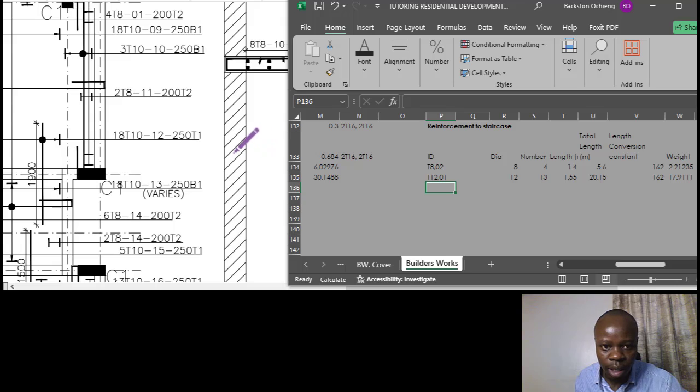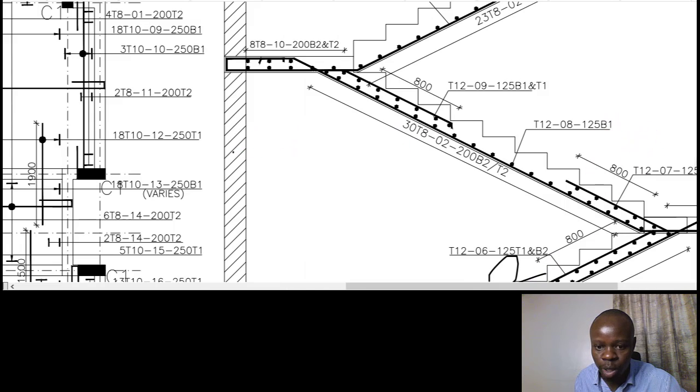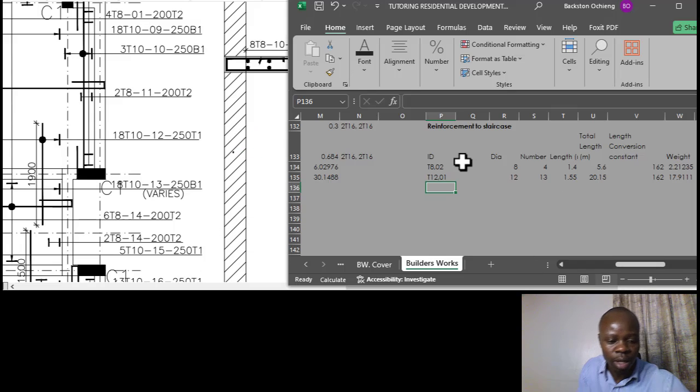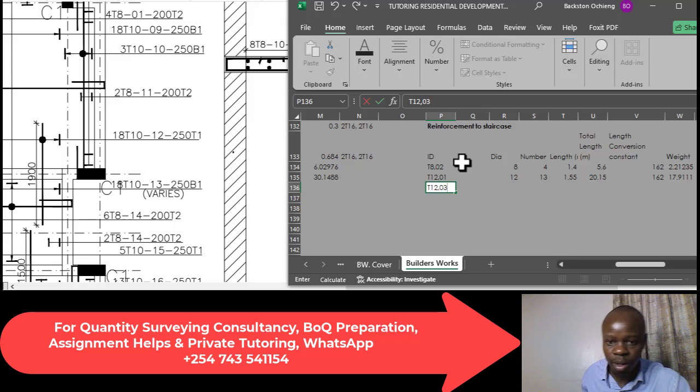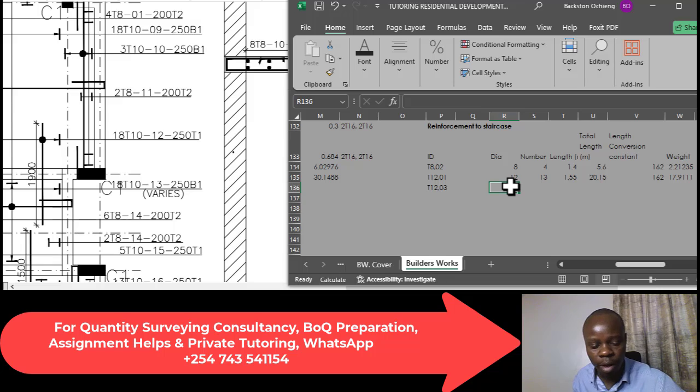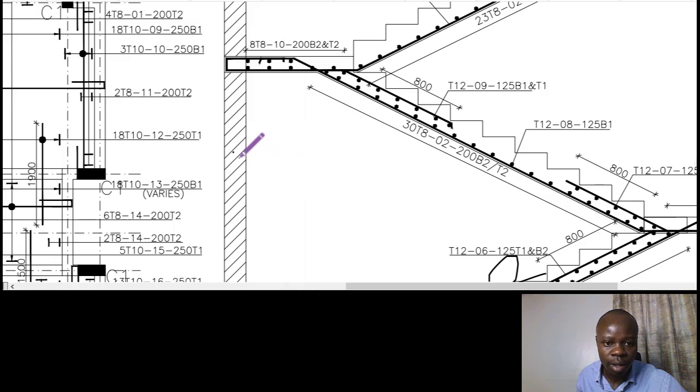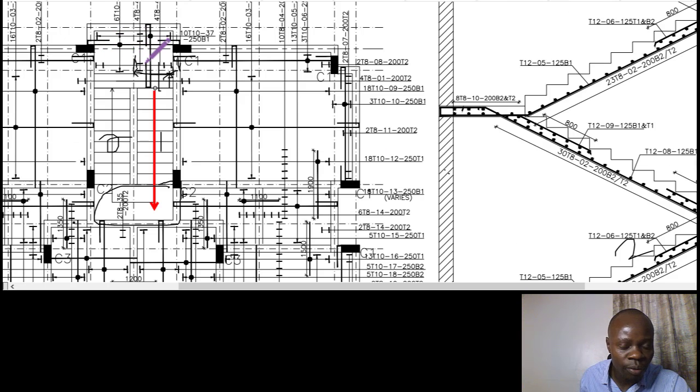The bar is T12, this is 03 now. The diameter of the bar is 12. For the number of bars, looking at the spread, it's the same distance we've used for the thicknessing, from this point to this point, and that is constant all the way.